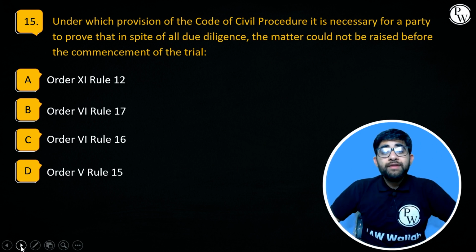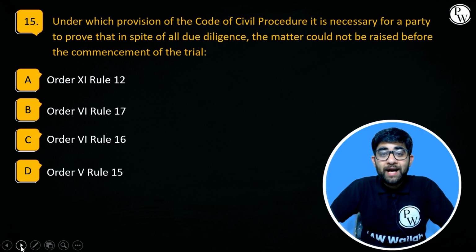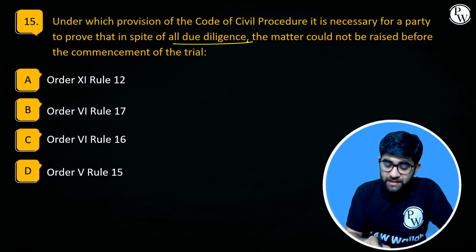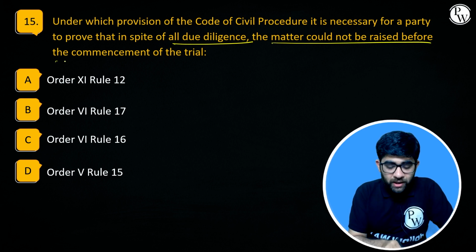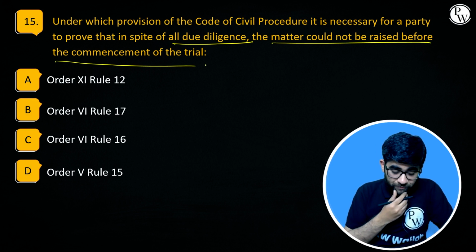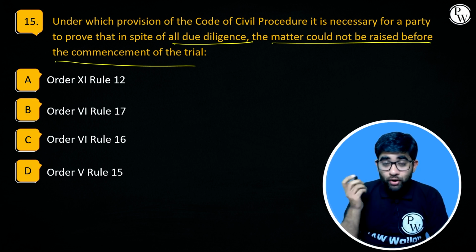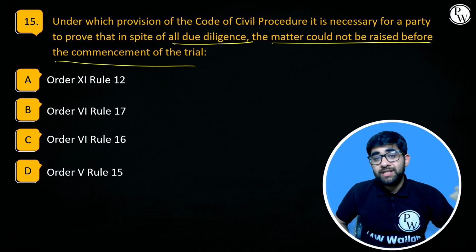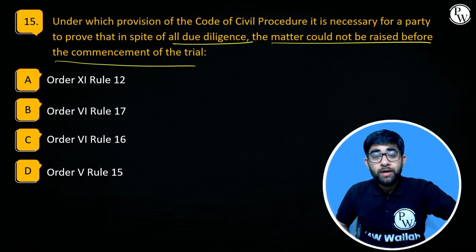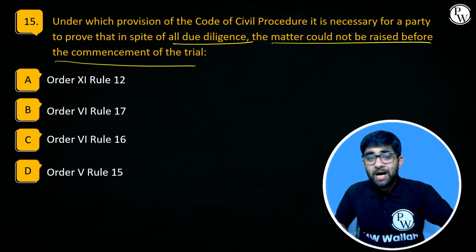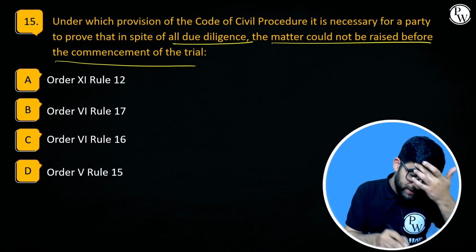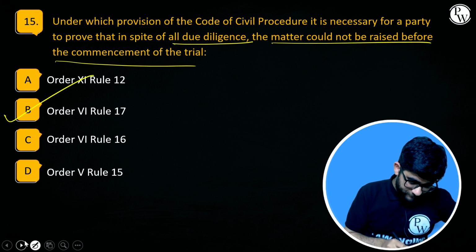Next, under which provision of the Code of Civil Procedure is it necessary for a party to prove that in spite of all due diligence, the matter could not be raised before the commencement of the trial? I've already told you, you have to tell the judge specifically why it was not pleaded earlier. So the answer is Order 6 Rule 17.